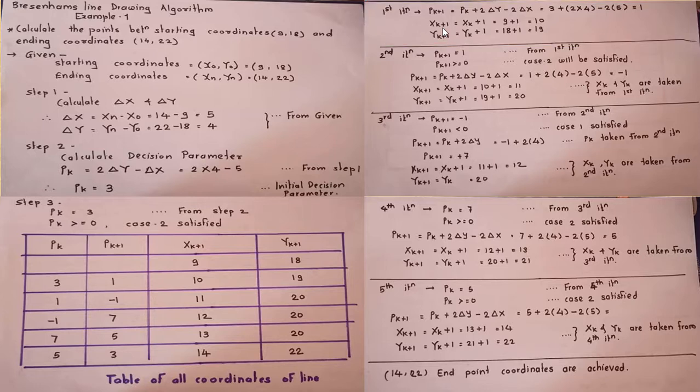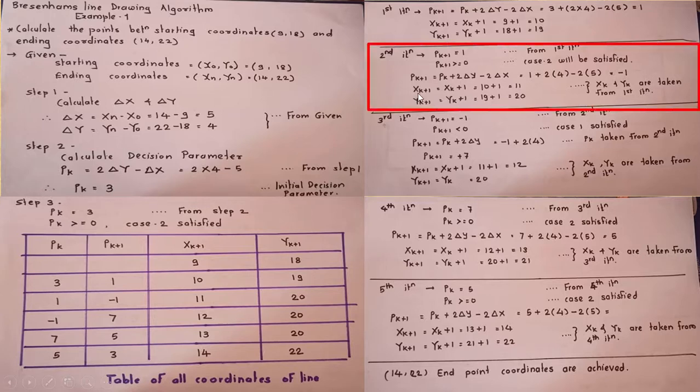This is the first iteration. We need to place all these values in our table. So xk plus 1 will be placed here, yk plus 1, 19, placed here, and pk plus 1, which is 1, placed here. And this is the decision parameter we have calculated from step 2.